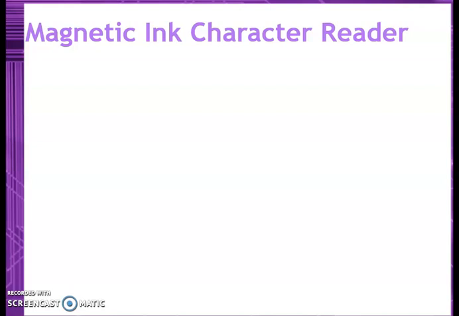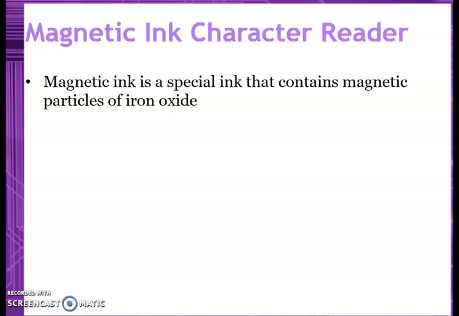Then we move towards the magnetic ink character reader. It is a special type of ink which contains some magnetic particles of iron oxide. That ink which contains the magnetic particles of iron oxide is basically magnetic ink.